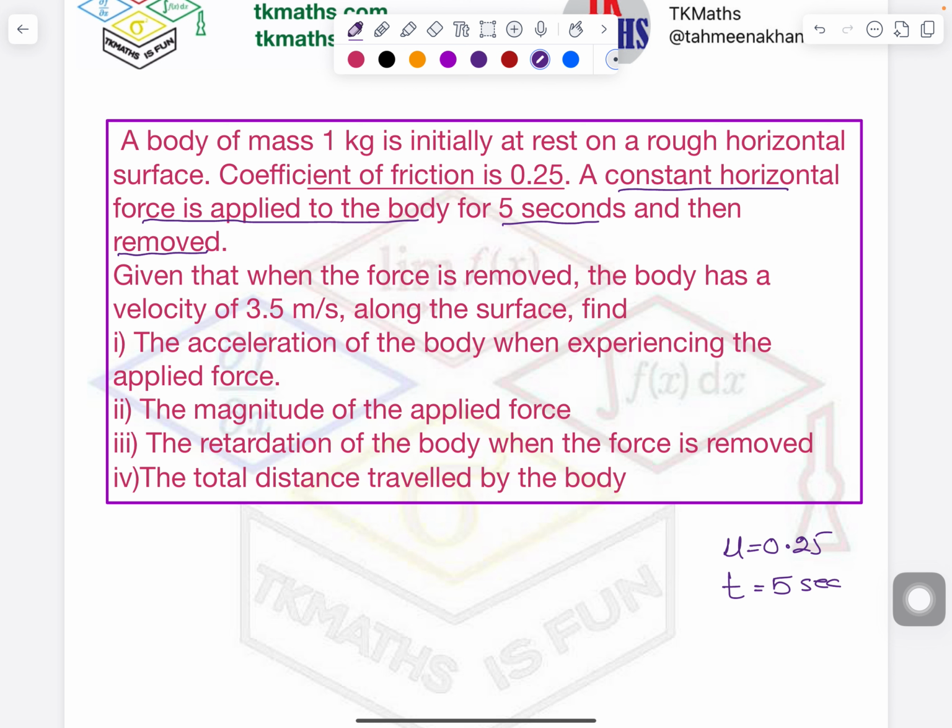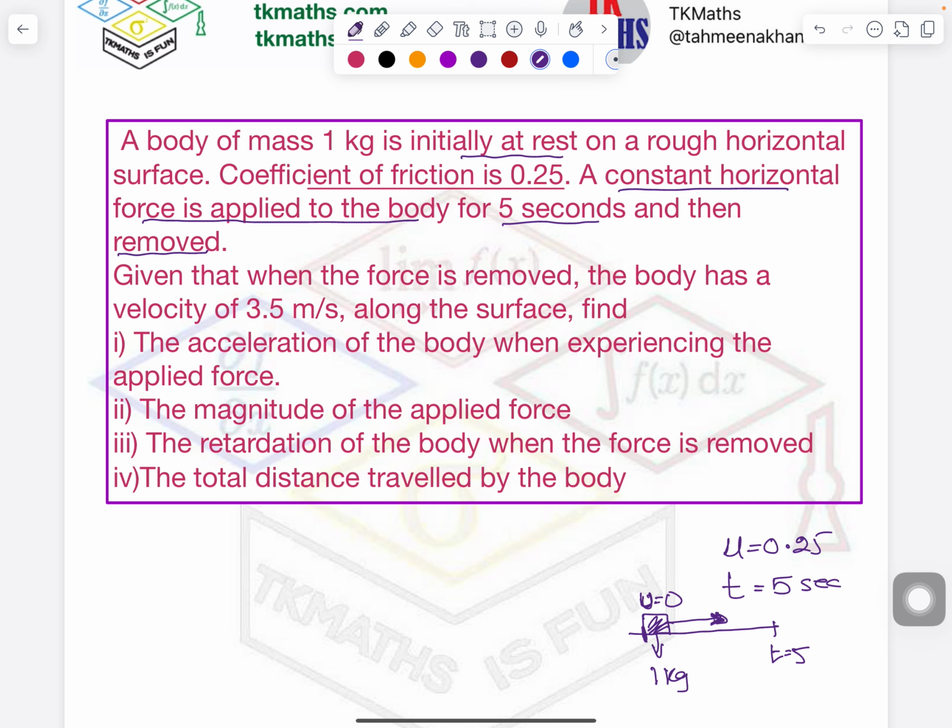So the object started moving from here because initially it was at rest. This is the object and the mass is 1 kg. It is at rest, u is equal to 0. Then for 5 seconds it was moving with the force applied on it and then it was removed, right? This is the forward force which was applied.